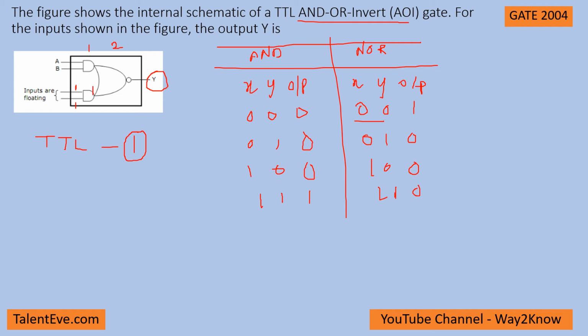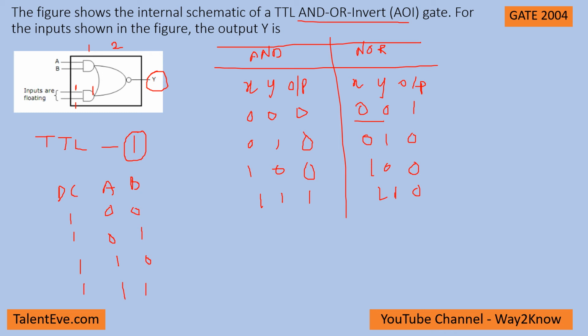So if you take this condition as a don't care, and then take the inputs A and B, which are 0 0, 0 1, 1 0, 1 1, the don't care will always be 1 because it is floating, so the output will be 1.